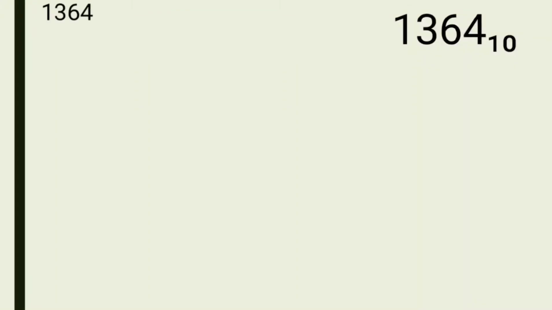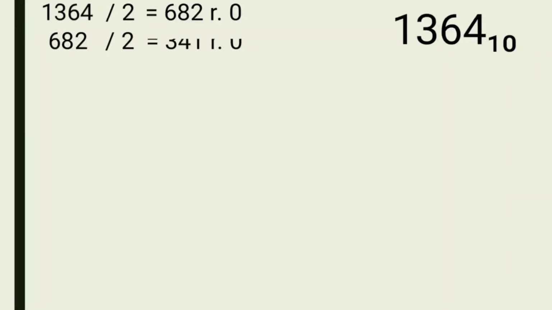First, divide the given decimal to 2. Get the quotient and the remainder. Divide the quotient 682 to the divisor again and write the remainder. If there is no remainder, write 0. If there is a remainder, no matter what the value of it, write 1.